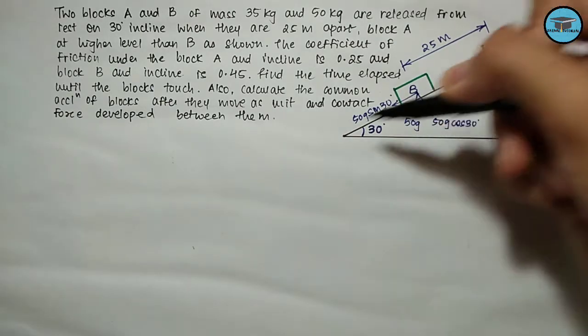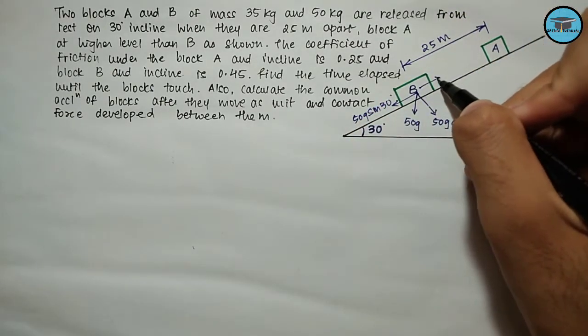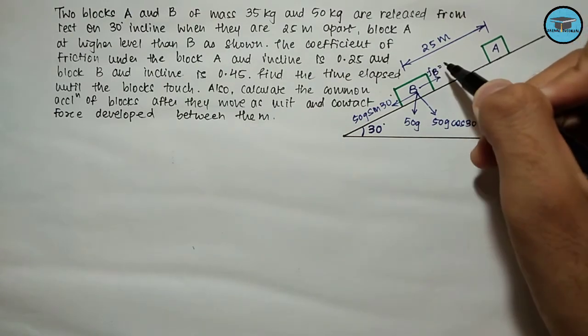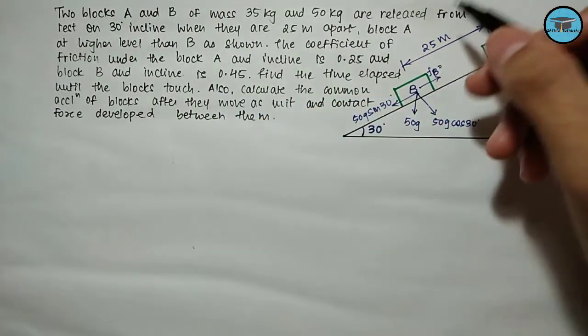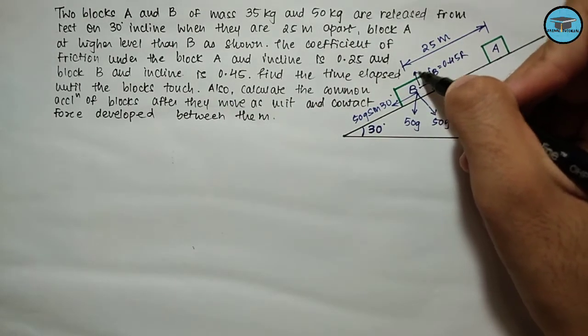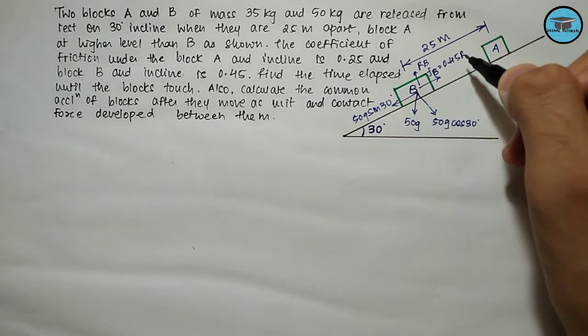Since this block is moving in this direction, the frictional force would act in this direction. So this is FB, that is equal to mu B, given as 0.45, times R, where R is the reaction from this surface. Let us take it as RB.